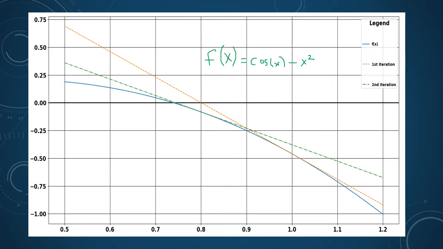So this blue line is our function graphed out. We did our process, and we found x1.